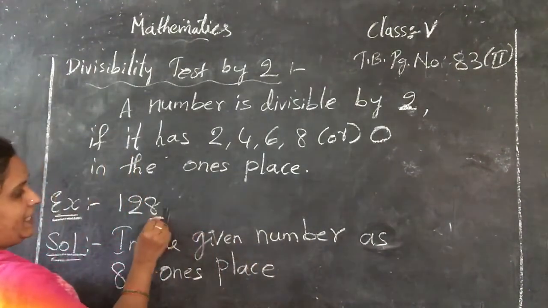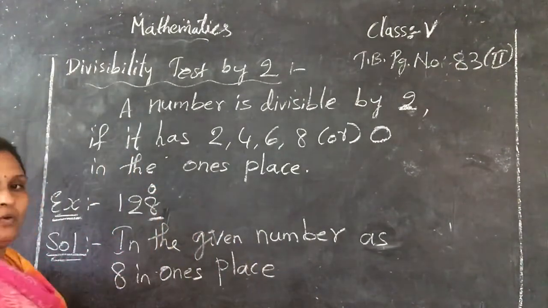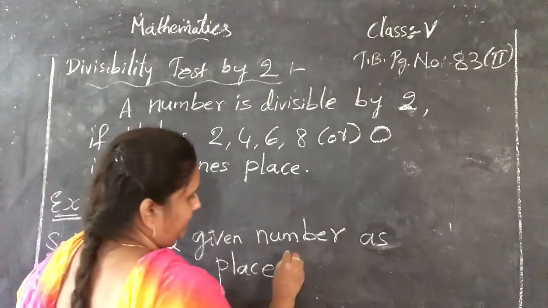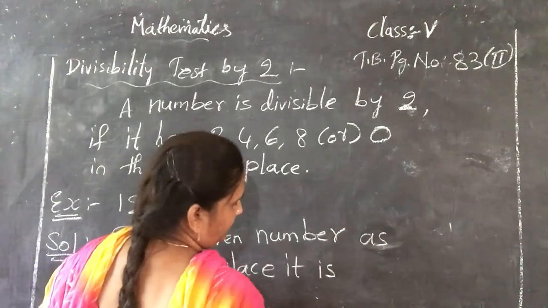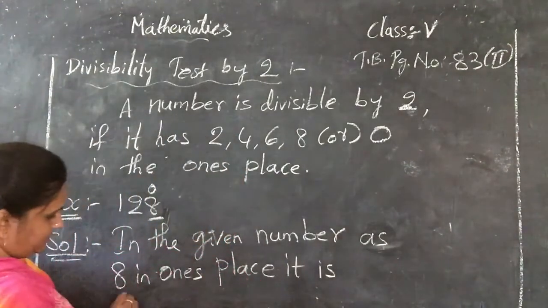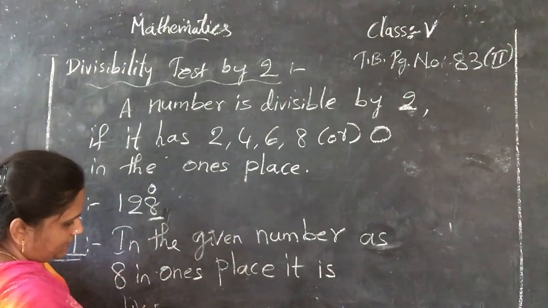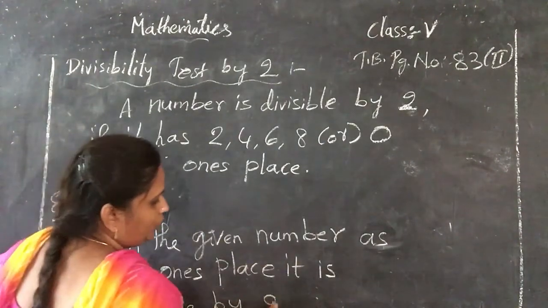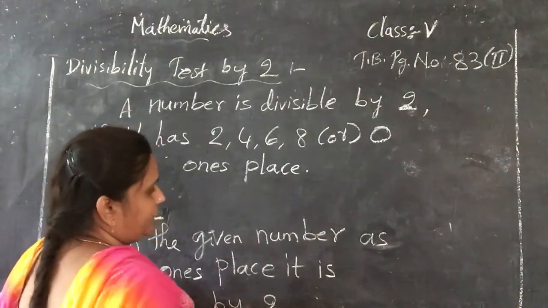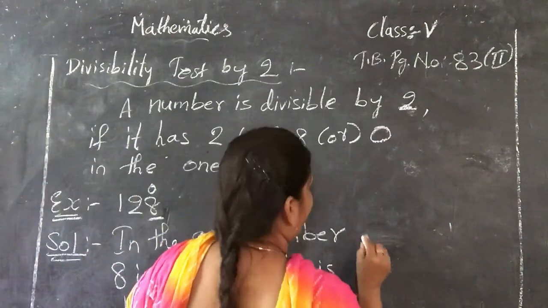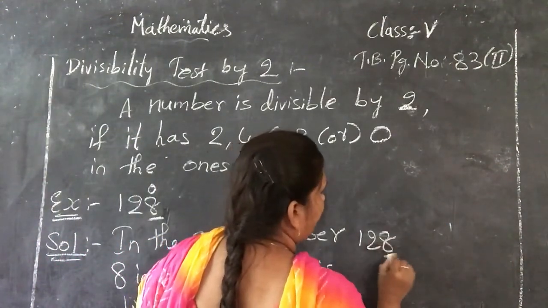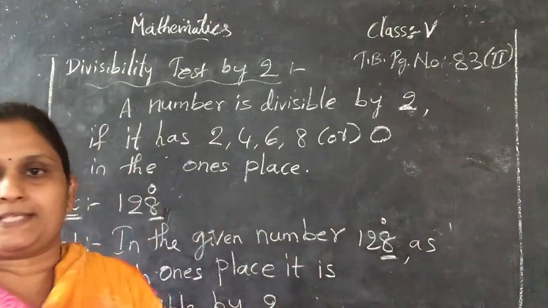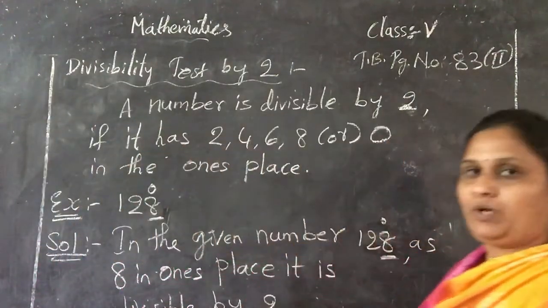First you have to underline and write in ones place value. Okay, as 8 is in ones place, it is divisible by 2. The given number you can write 128 and underline and write O. O means ones.